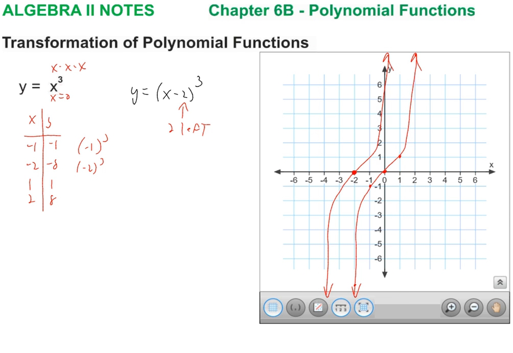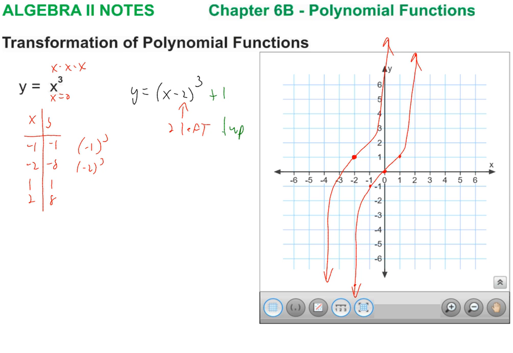What if all of a sudden I had a plus 1? Well, now it's not only 2 left, it's 1 up, right? So now not only go 2, here's the original, go 2 to the left and go 1 up, and I'm right there, right?